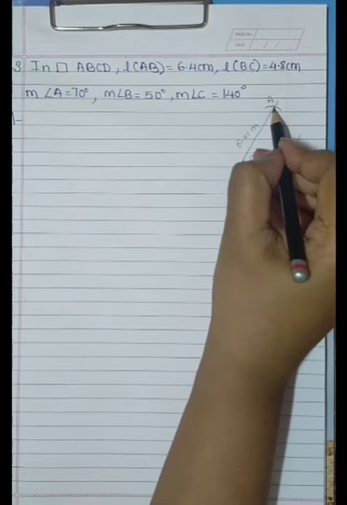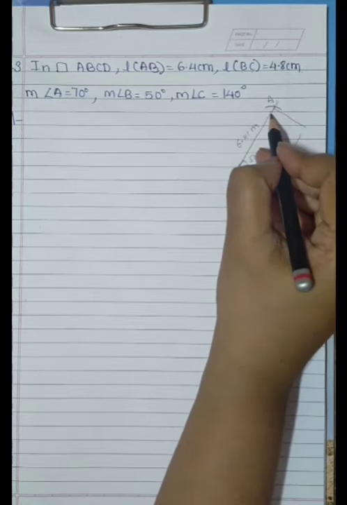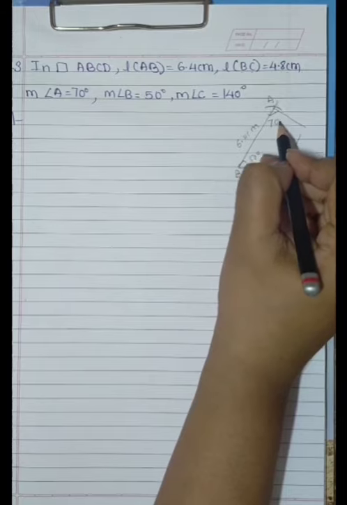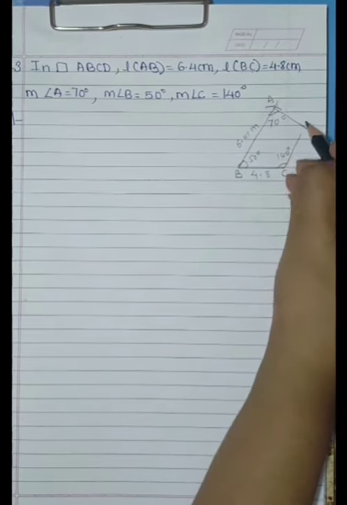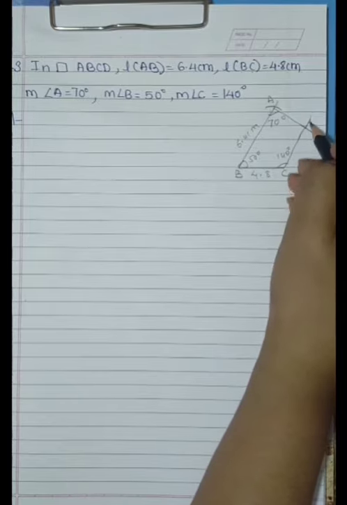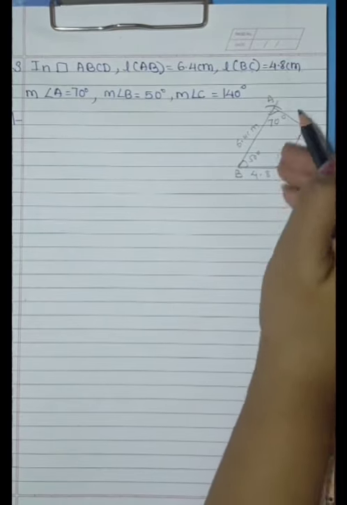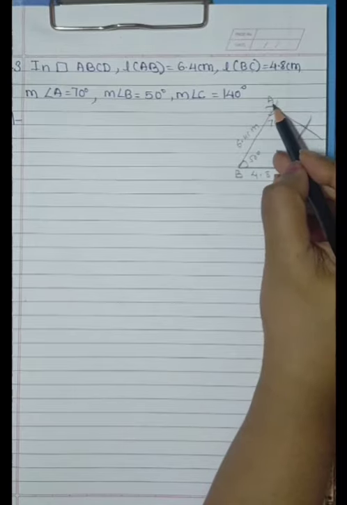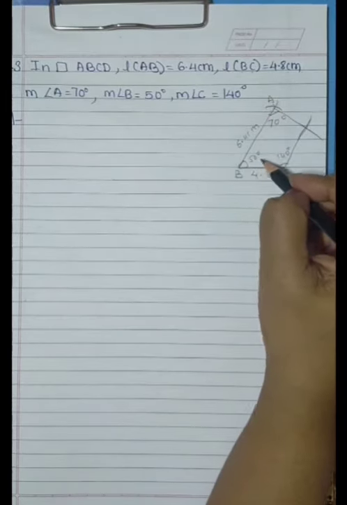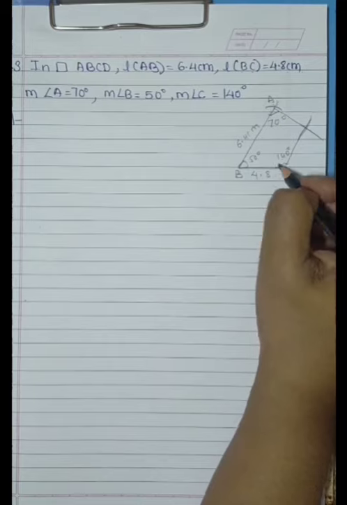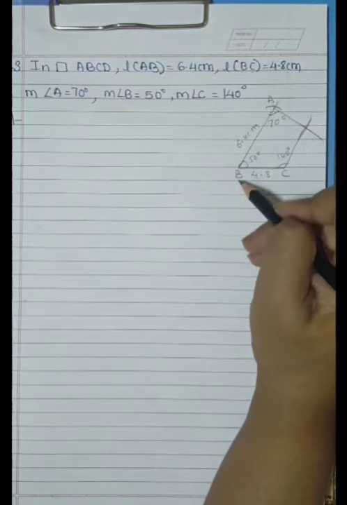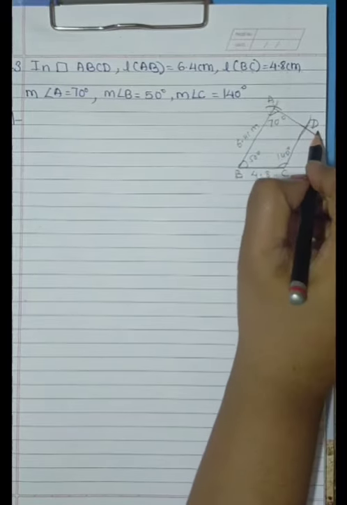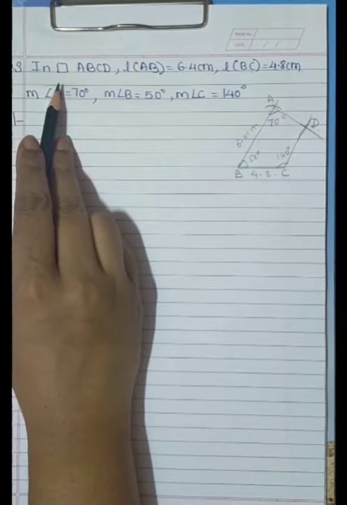Then we'll take from here 70 degree angle. Okay, now angle will join here. Okay, so this is angle A is 70 degree, angle B is 50 degree, angle C is 140 degree. I hope you understood. This is our ABCD quadrilateral.